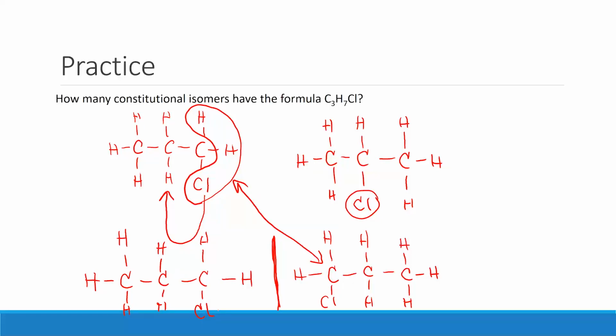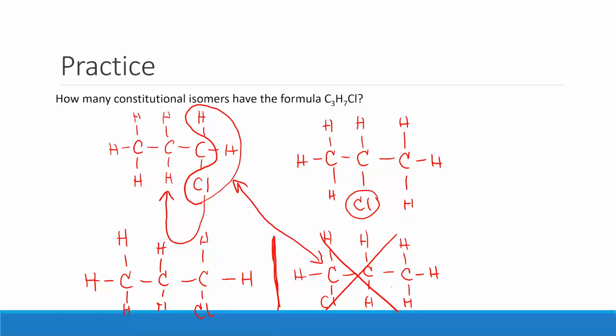But here you can see if you're able to draw a mirror, a vertical axis, and you can rotate the molecule over it, and they superimpose on each other, they are in fact the same molecule. So this is not a constitutional isomer. It is just the same molecule as the first molecule.